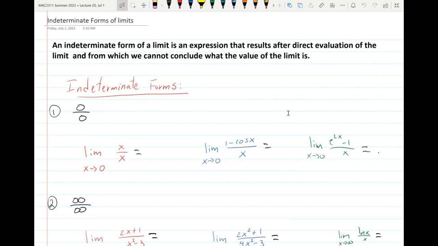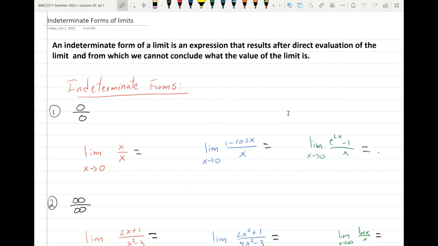Okay, all right, so I guess before we go on, let's talk about what we mean by an indeterminate form. So here I wrote something that could indicate what an indeterminate form is. An indeterminate form of a limit is an expression that results after direct evaluation of the limit and from which we cannot conclude what the value of the limit is.